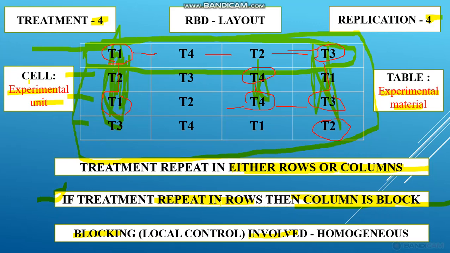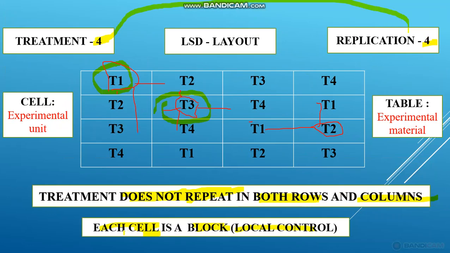If treatment repeats in rows, then column is blocked. If treatment repeats in column, then row is blocked. Similarly, in LSD the treatment does not repeat in both rows and column. Based on this criteria only, we will decide whether the layout is CRD, RBD or LSD. Thank you.